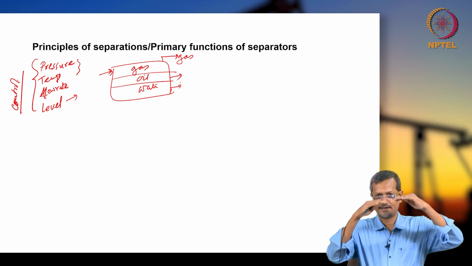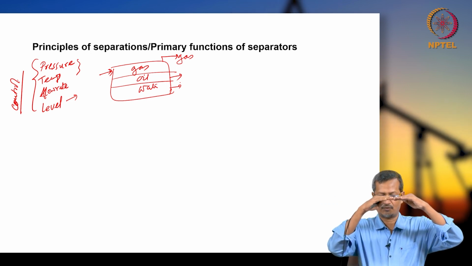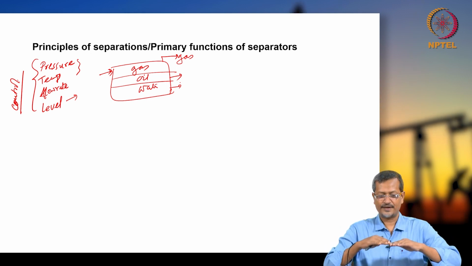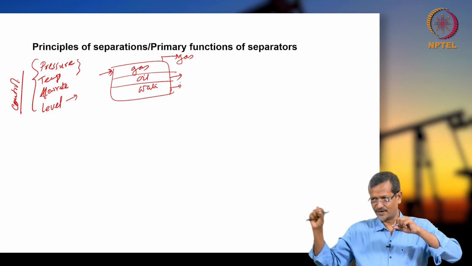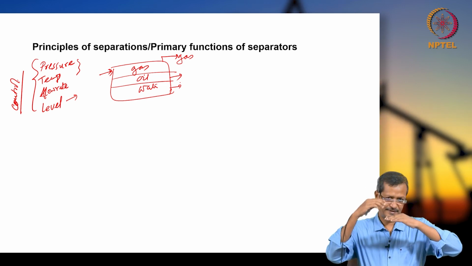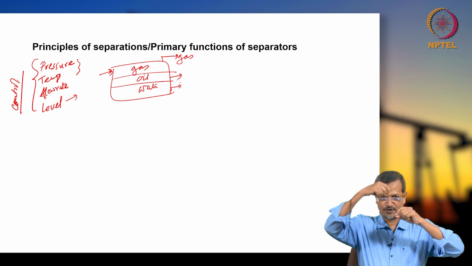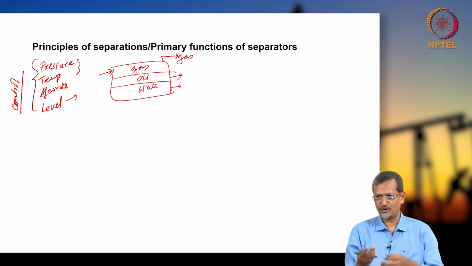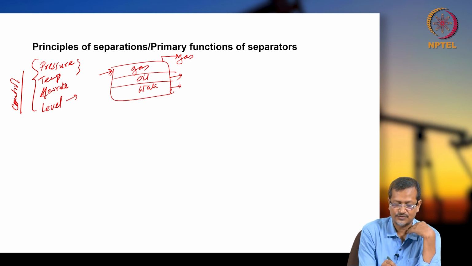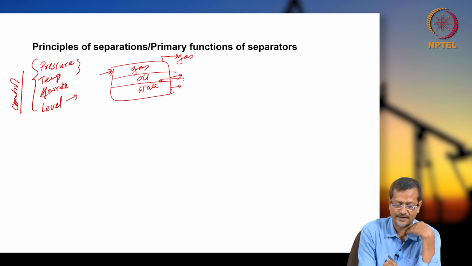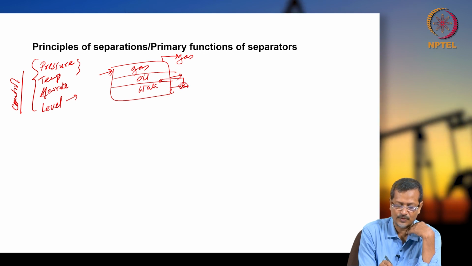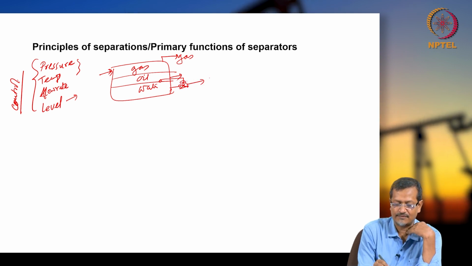Again, assume another situation when the water level is very much down. Okay, if the water level is very much down, again in the water outlet line you are getting oil. So oil and water level you have to maintain properly, that interface area. If you do not maintain that, then your system will not work. All right. So you have a level controller. So you have to put some level controller here in a certain way. Okay, I'll discuss how this level controller will work later. Okay, these are called level controllers.